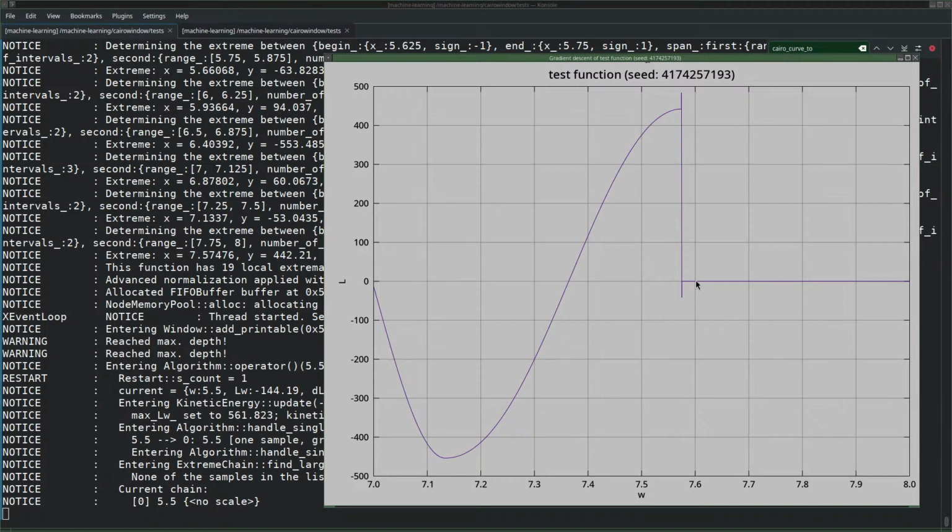I already saw that at some point it does its thing at 7.7 something. I really have no idea what's going on. Just that it does not work.